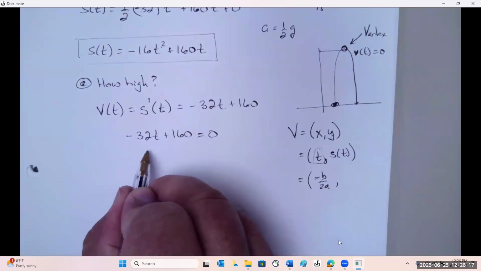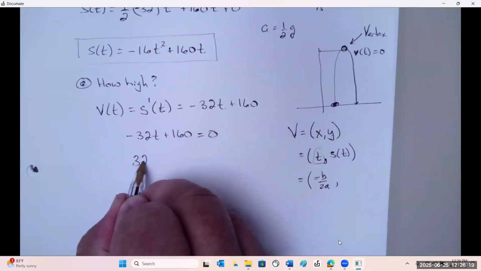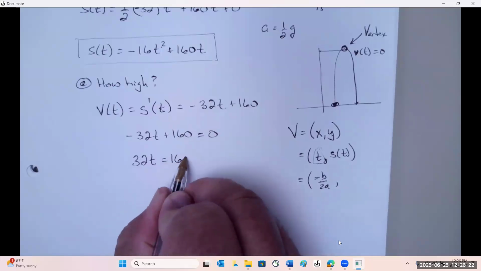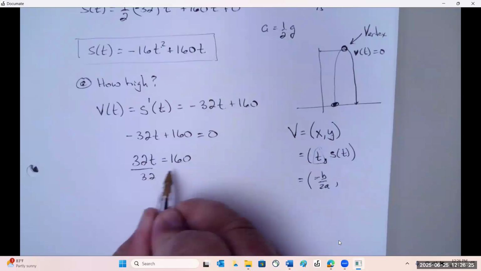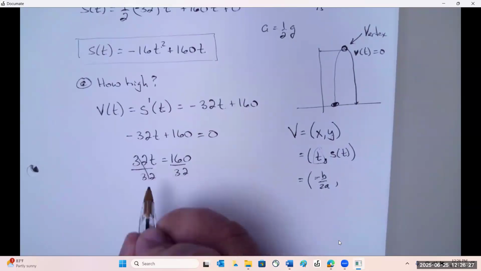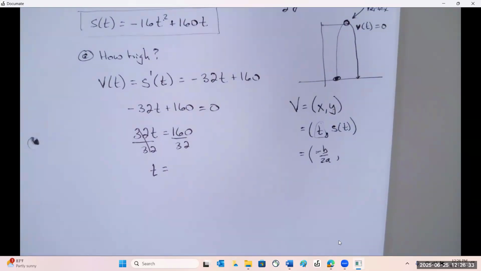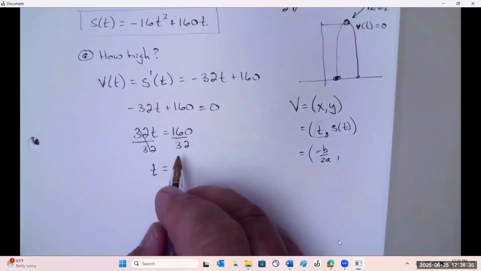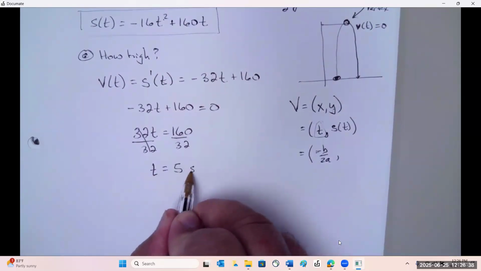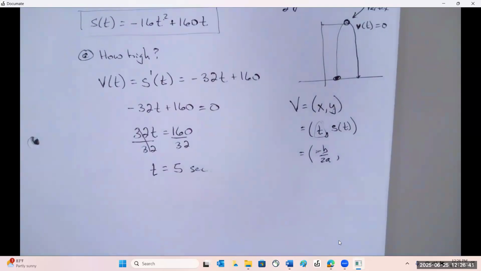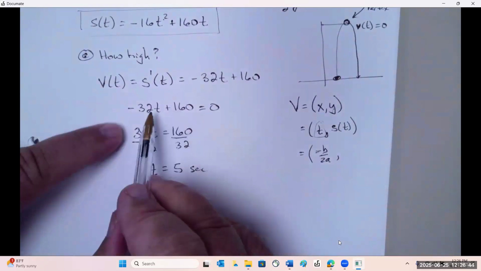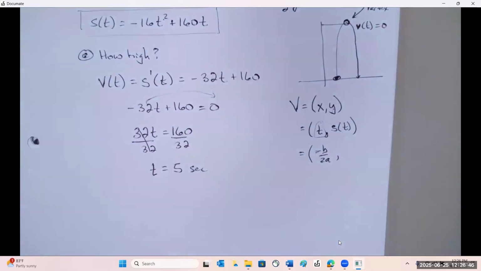So we move the 32, and we have 32t equals 160. 160 divided by 32 is 5. What I did was I moved this over there, and I changed the signs. I forgot to say that. I moved it and flipped it around.